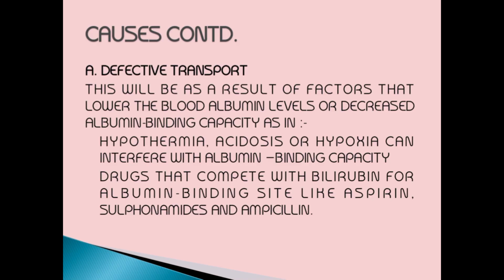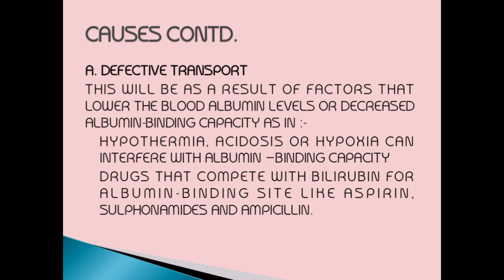This will be as a result of factors that lower the blood albumin levels or decrease albumin binding capacity, as in hypothermia. You need to understand that bilirubin is bound to albumin. So any condition that impairs that binding of albumin to bilirubin, so that it can be conjugated, will lead to higher levels of bilirubin in the circulation.